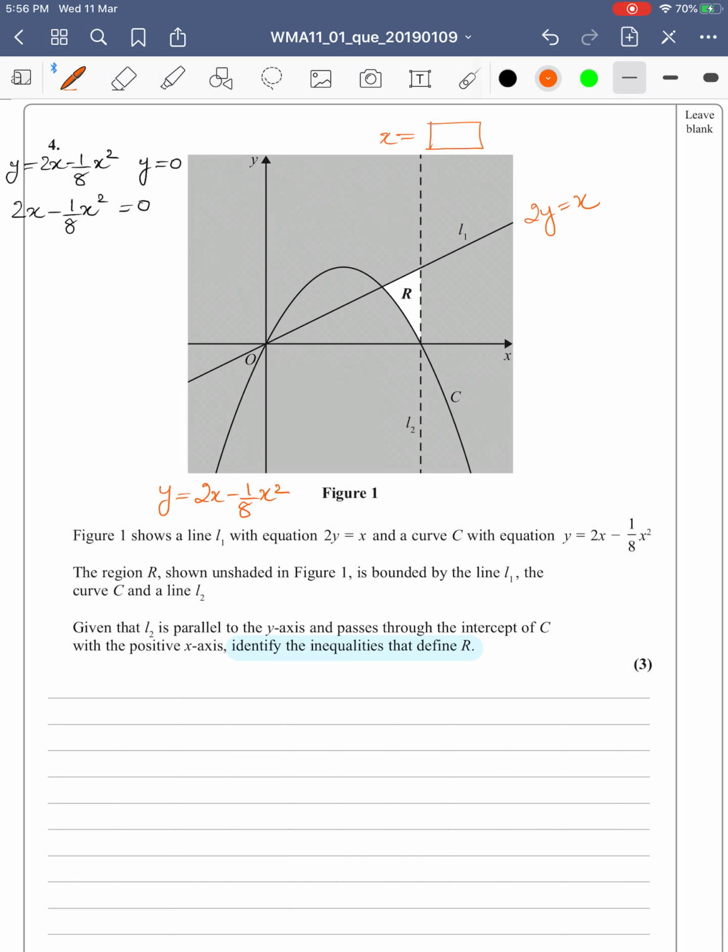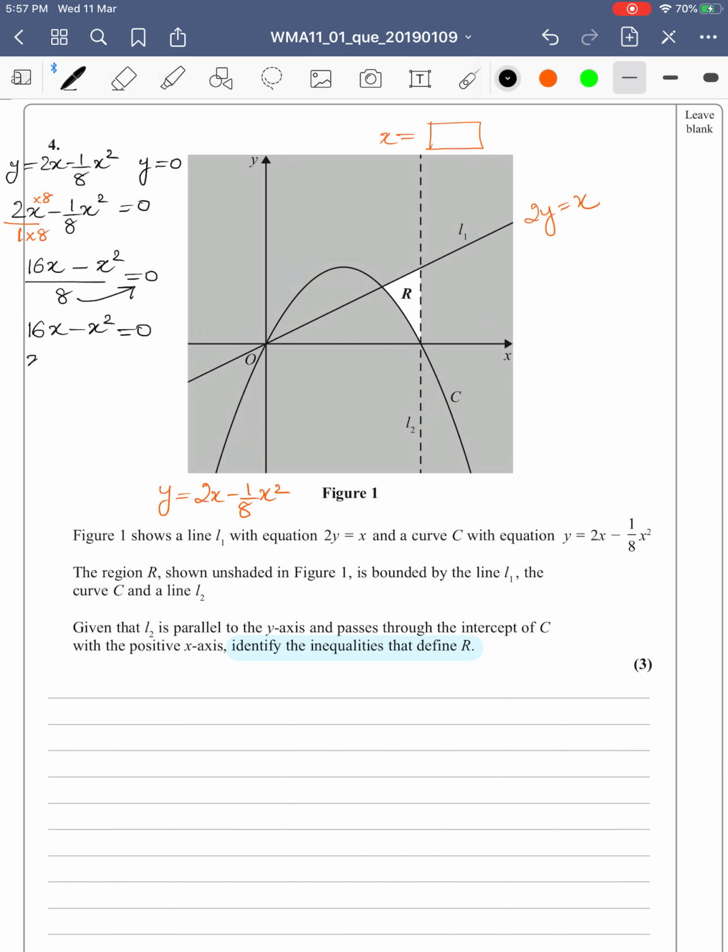We can see here the denominator is 1. We can multiply top and bottom by 8. So now we have 2 8s are 16x minus x squared divided by 8 is equal to 0. The 8 multiplies with 0 and becomes 0. We are left with 16x minus x squared is equal to 0.